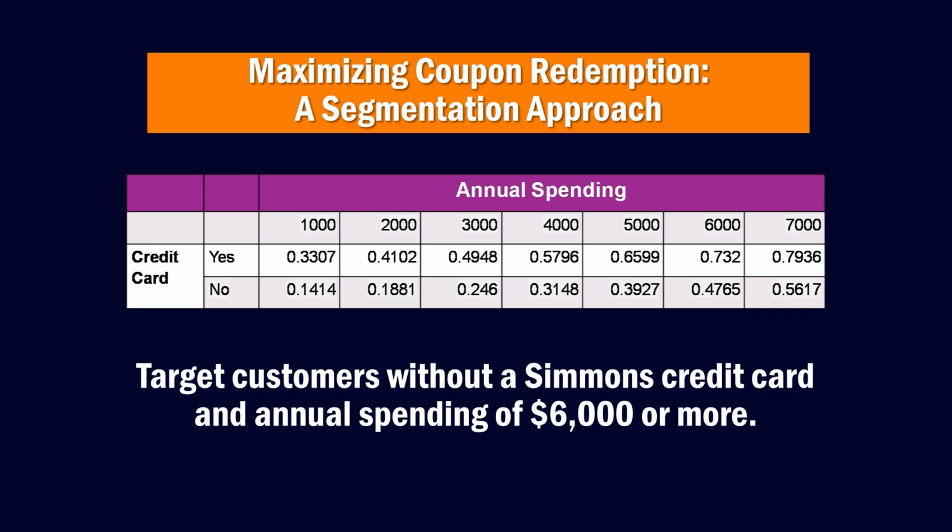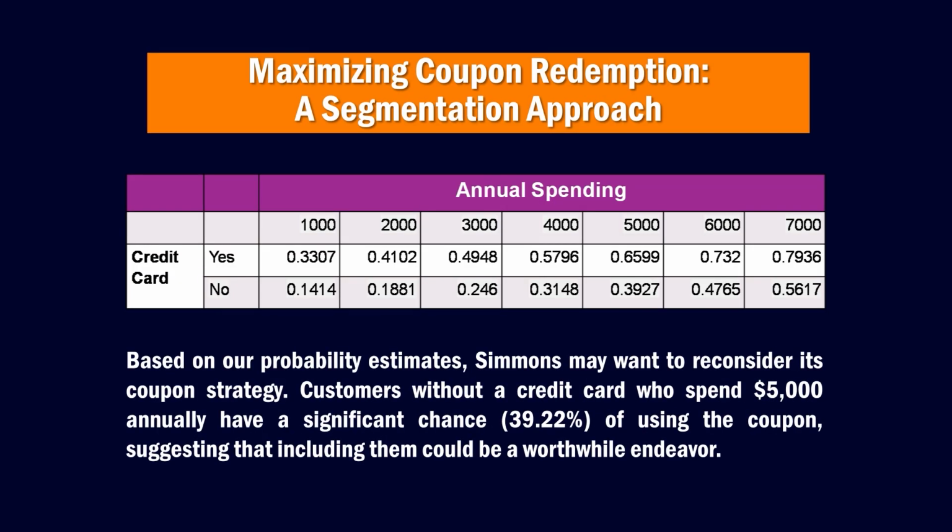So since they have a threshold of 0.4, they can decide that the customers who don't have a Siemens credit card and whose annual spending is 6,000 or more, they can give them the catalog to use the coupon. So based on this probability estimate, you could see 5,000 is just 0.39, it's just below 0.4.